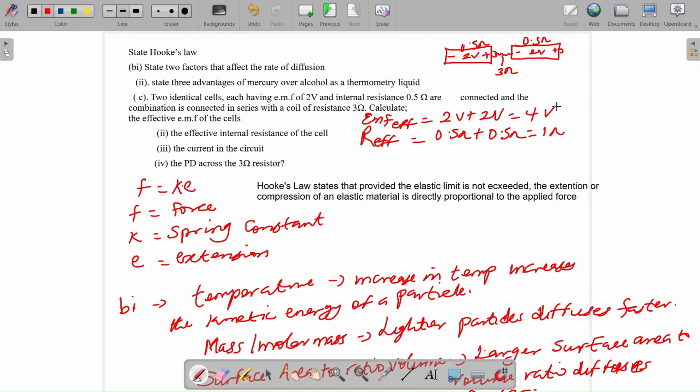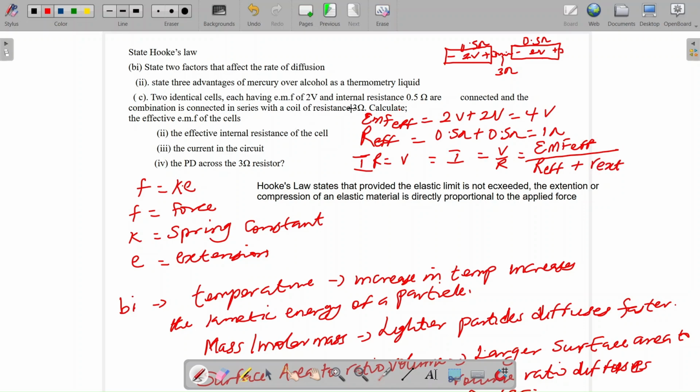So for the current in the circuit, from Ohm's law, voltage equals IR, so current I equals voltage over R. The voltage you have is the effective EMF, and R is the effective resistance plus the external resistance.